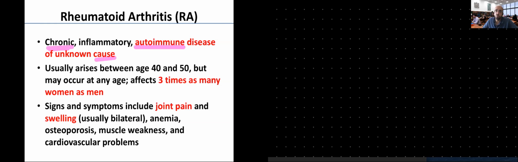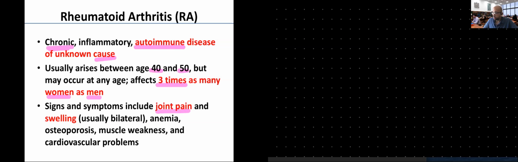Might be multiple contributing factors that result in rheumatoid arthritis. Usually arises between age 40 and 50. It's 3 times as many women as men. So osteoarthritis was also more common in women than men. Here is another disease which is more common in women than men.